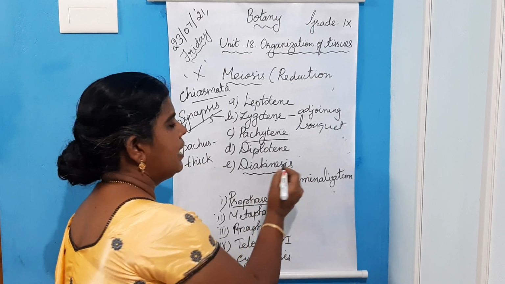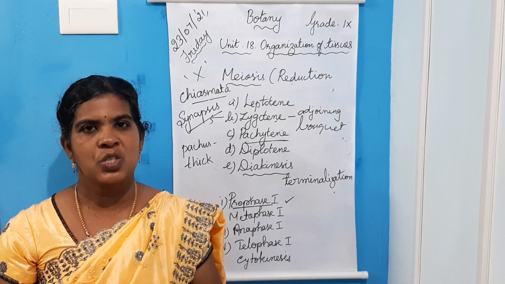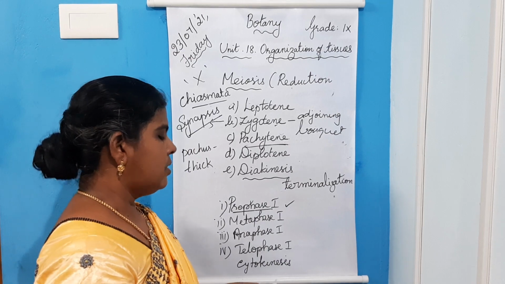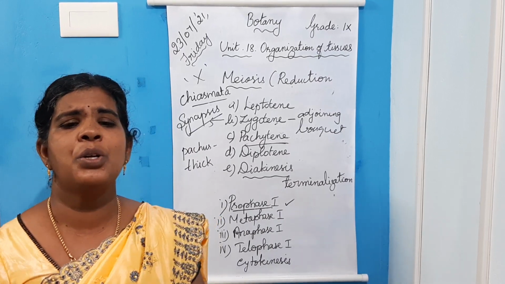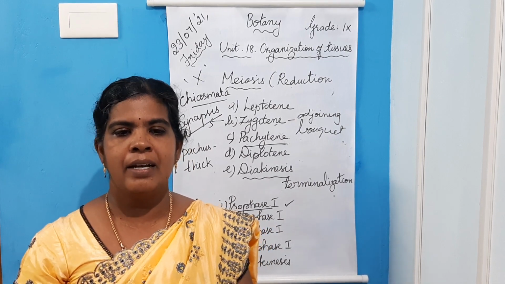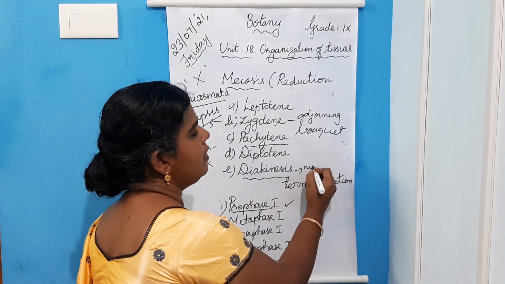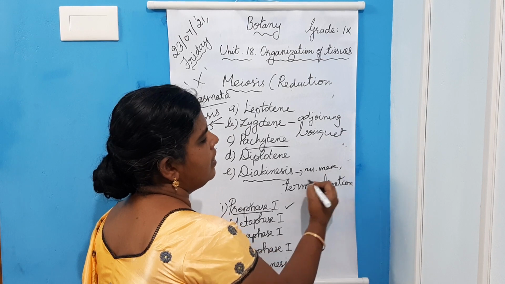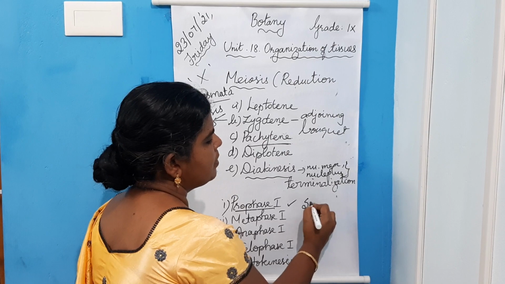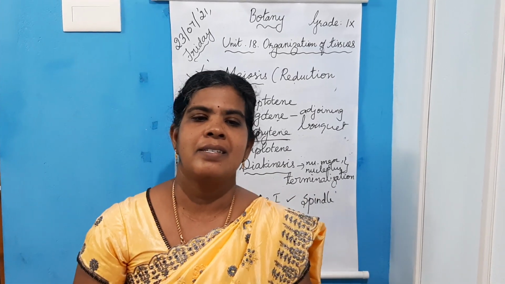Spindle fibers make their appearance. So during the diakinesis phase, the nuclear membrane and nucleolus start to disappear and spindle fibers start to form inside the cell.